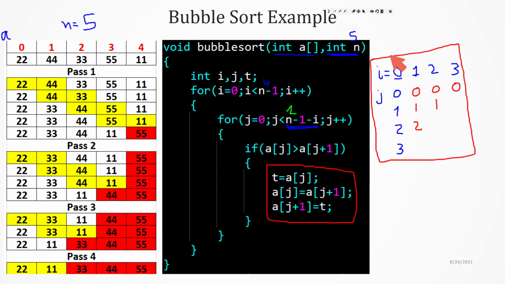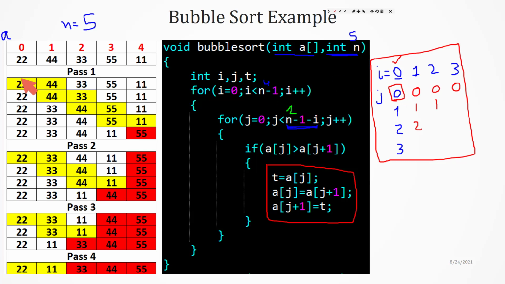So let me take i equal to 0. The possible values of j are 0, 1, 2, and 3. So first the j value will be 0, so this condition is true and these statements will be executed. If a of j greater than a of j plus 1, you just consider this one.